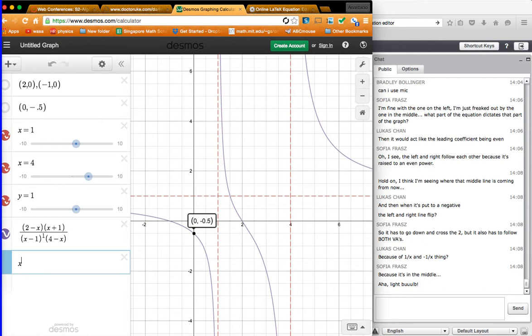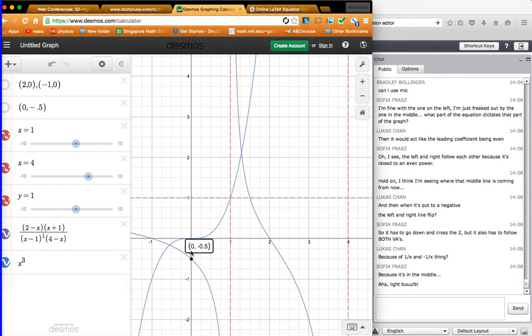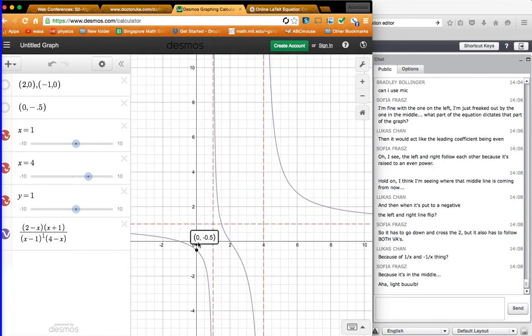X cubed, I think. There. All right, whatever. X cubed looks like this, right? The blue line. Mm-hmm. So the stuff we see here is almost an upside down cubic function.